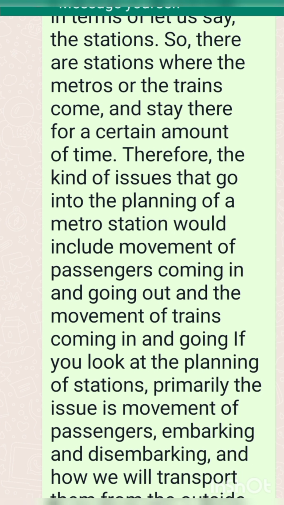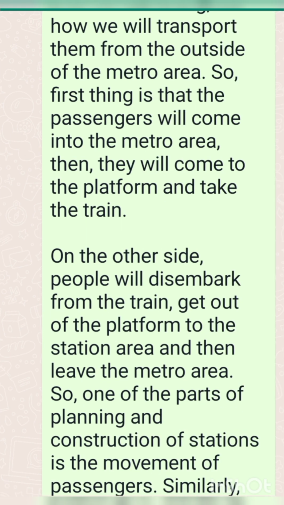If you look at the planning of stations, primarily the issue is the movement of passengers embarking and disembarking and how we will transport them from the outside of the metro area.